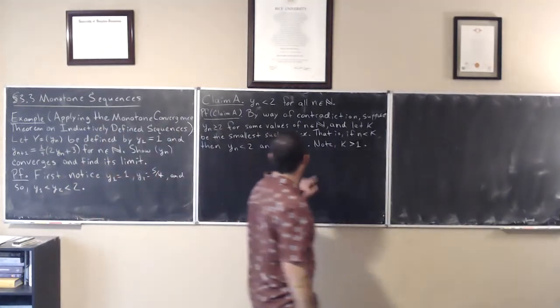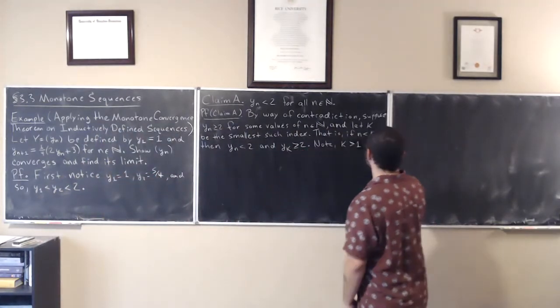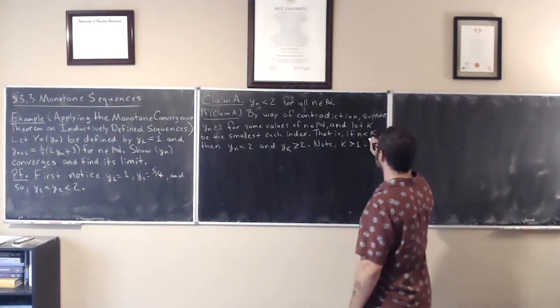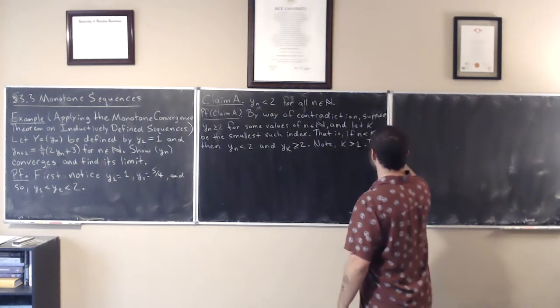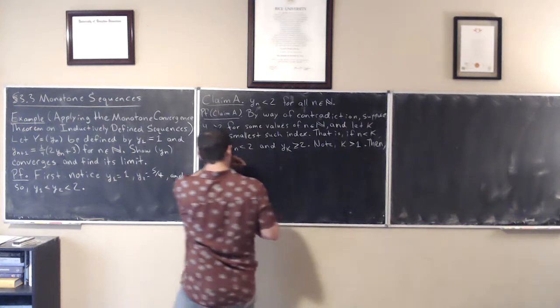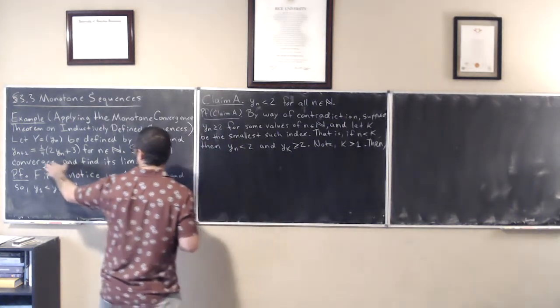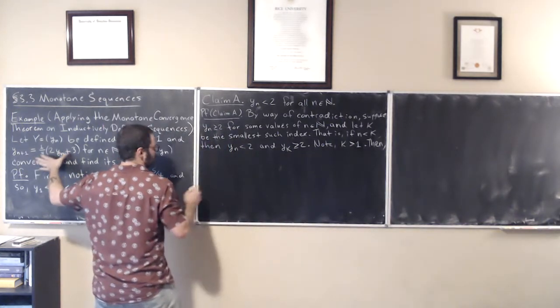Okay, so we know this, so then, if yk is greater than or equal to 2, what is yk defined as? This, right?